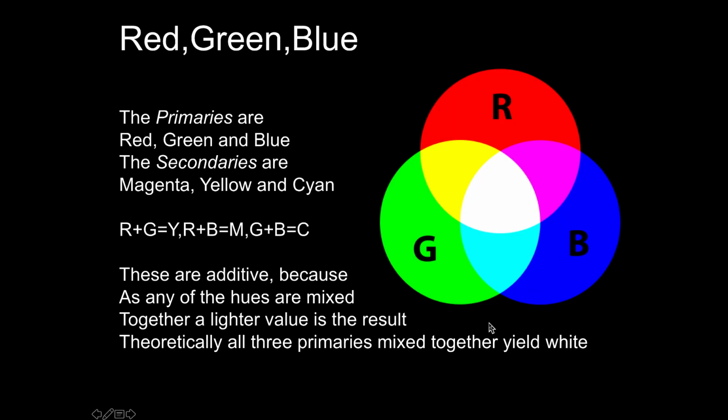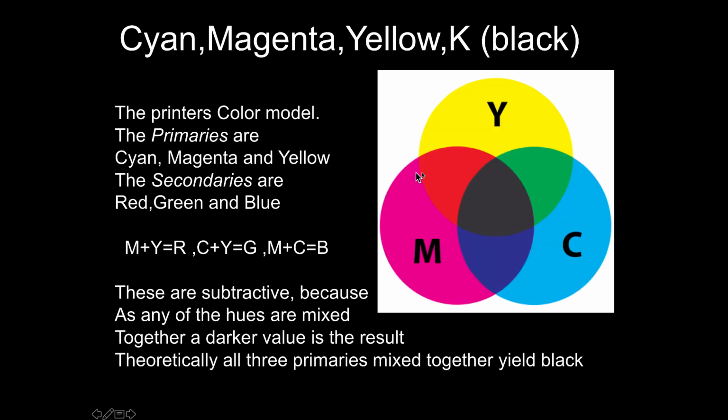And then the last model is red, green, and blue, and this is the additive model. This is interesting because, if you think about it, we just talked about our previous model. Red, green, and blue are the secondaries of CMY.